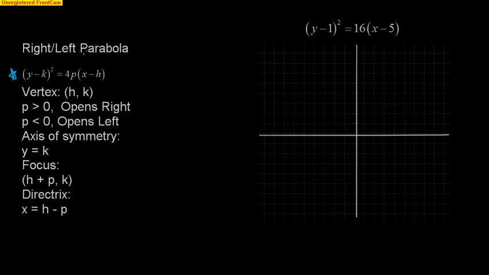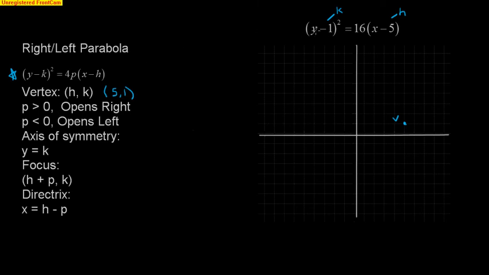So if I'm still finding my vertex, h, k, now I look over here. Now this is my h and this is my k. So my h, k vertex here is going to be 5, 1. Alright, so if I go over here to 5, 1, 1, 2, 3, 4, 5, up 1, this is going to be my vertex.